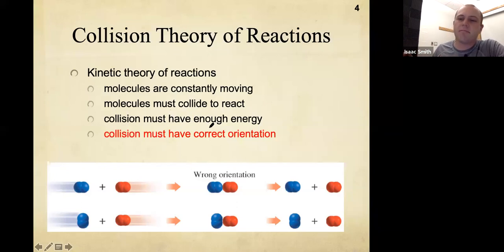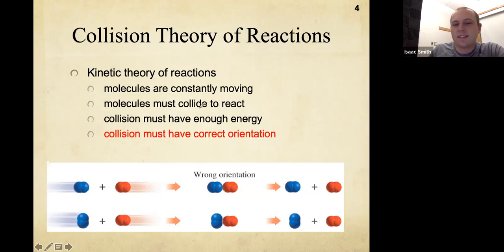So imagine a bike running into a wall versus a car running into a wall, right? The car is going to have a lot more energy when it hits the wall. So the molecules need to be going fast enough or have enough energy when they hit that the existing bonds break, okay? And when that happens, the existing bonds break, and that's the activation energy. And then new bonds form, and that's where you gain back some energy.